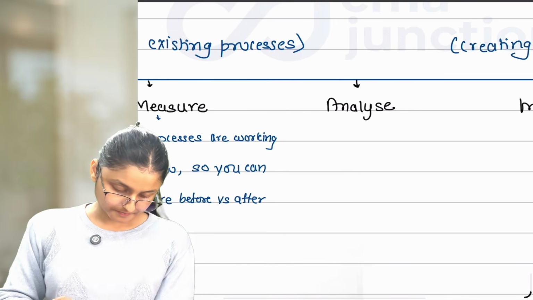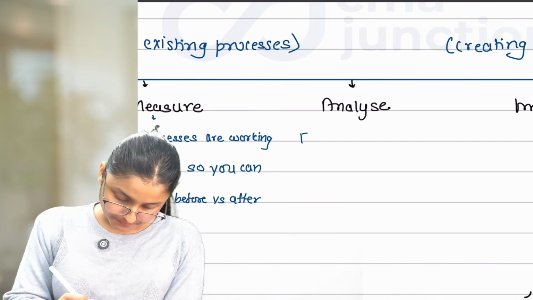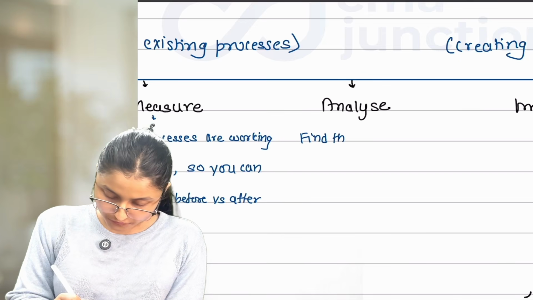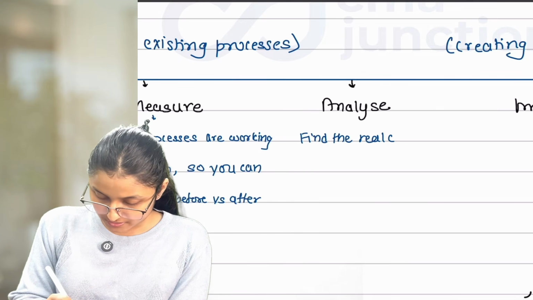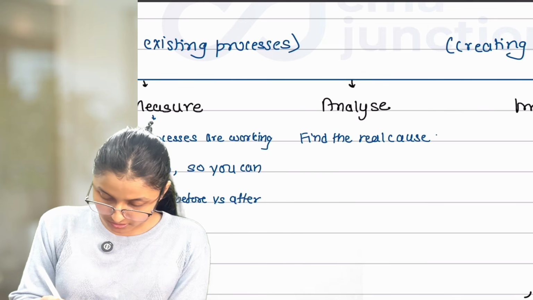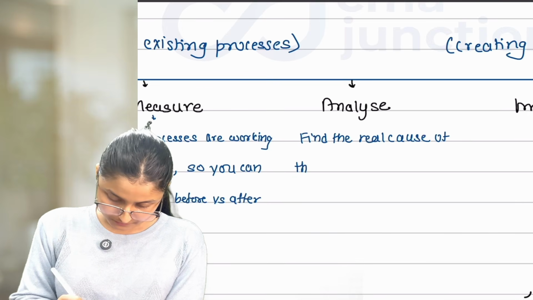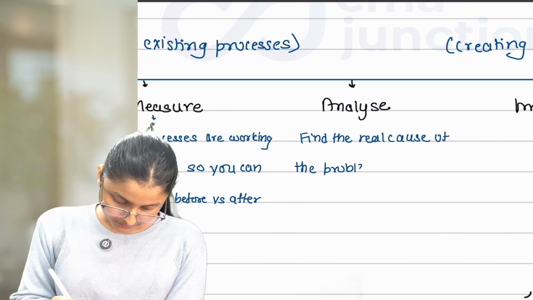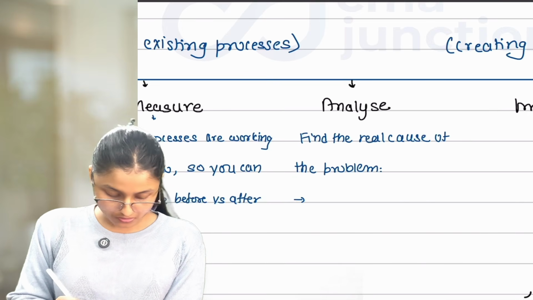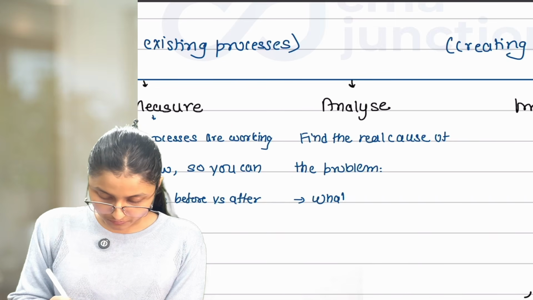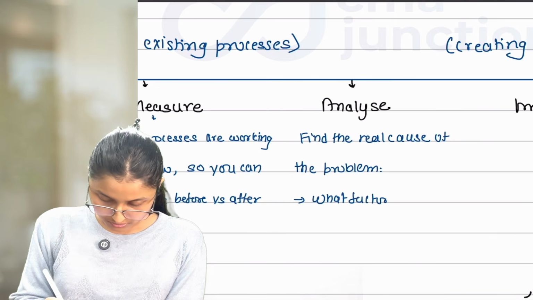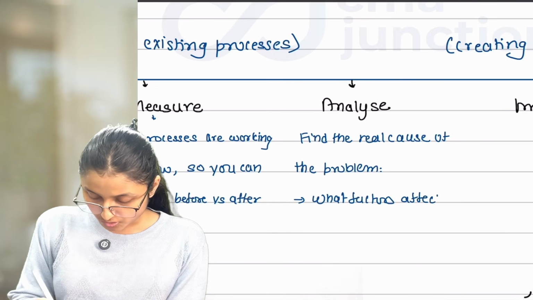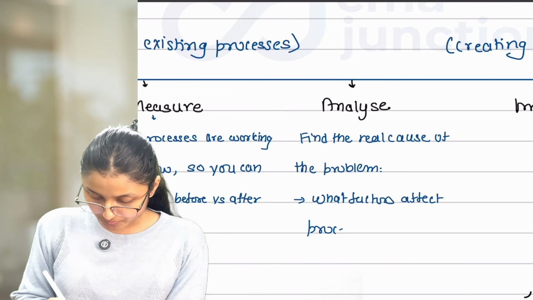Next, analyze. Find the real cause of the problem. Why is this particular problem happening? Find the real cause of it. How to find the real cause? First, check what factors affect processes. What all factors are there which are affecting our process?